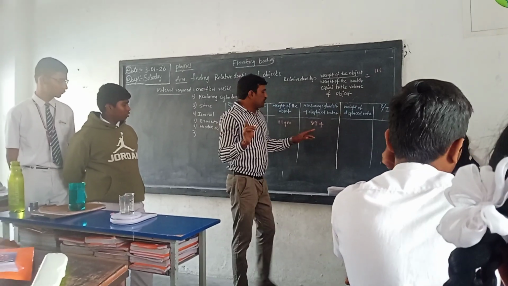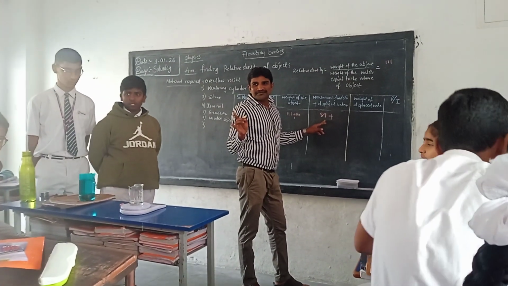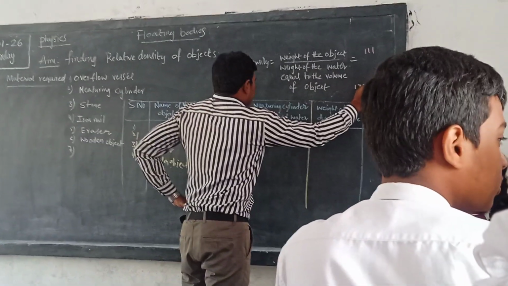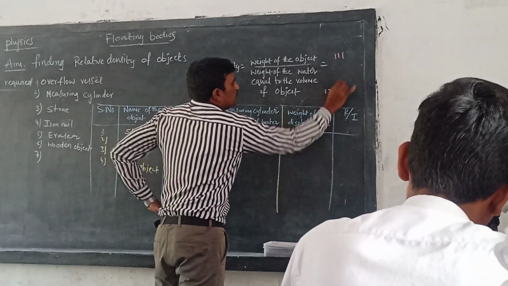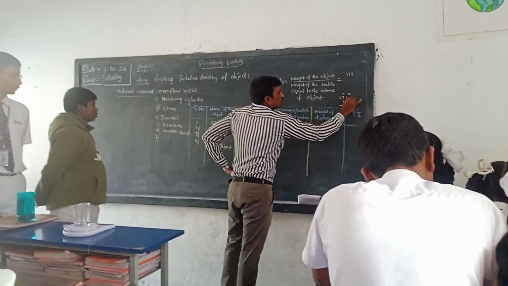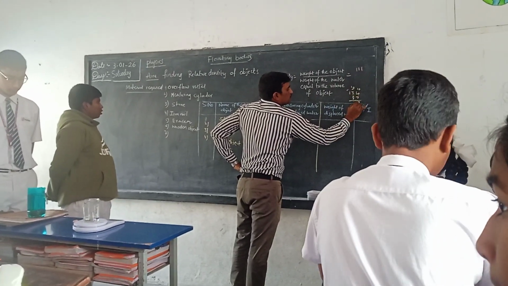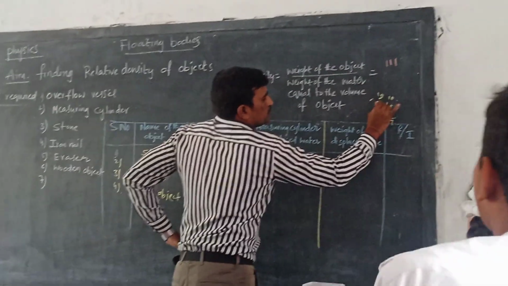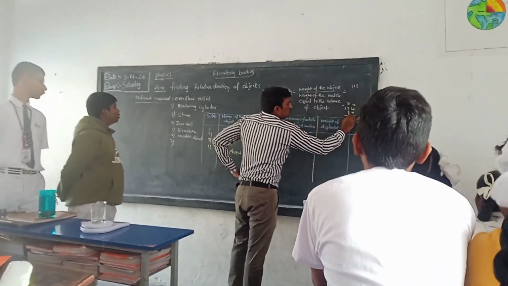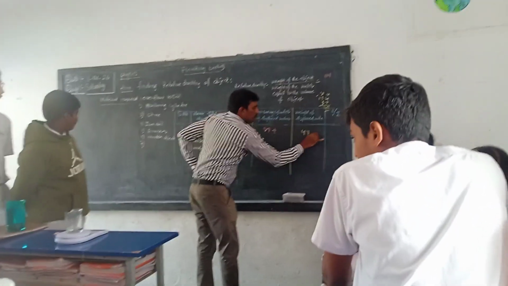So 134 minus 87, how much is the amount? 47 grams. Okay? So this is the weight of the displaced water, 47 grams.